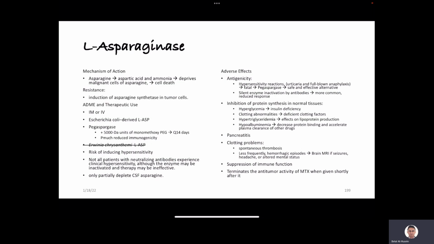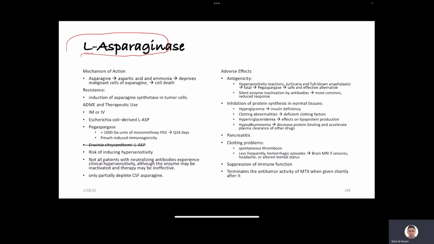L-asparaginase, as the name implies, is an enzyme that breaks down L-asparagine. L-asparagine is an amino acid. Usually L-asparagine in normal cells is taken either from the circulation, or the cells are capable of conversion of L-aspartate plus ammonia to L-asparagine.